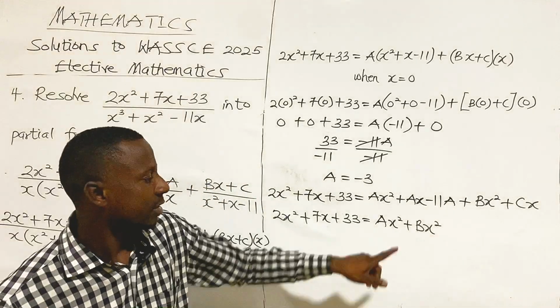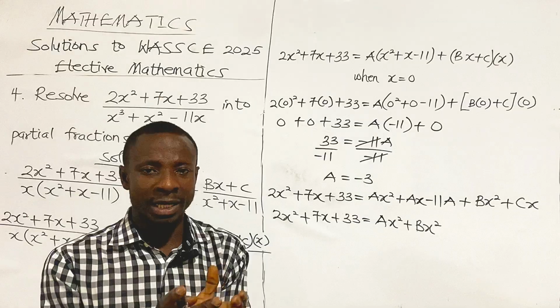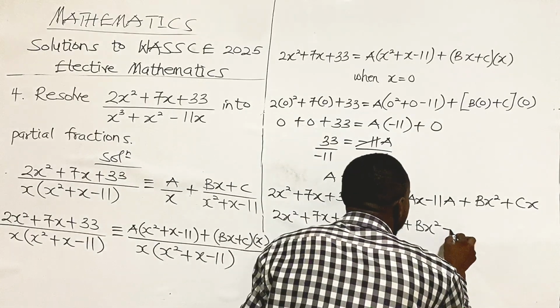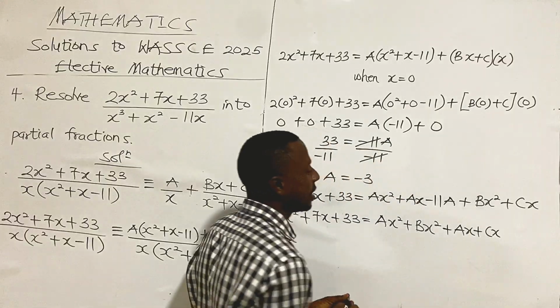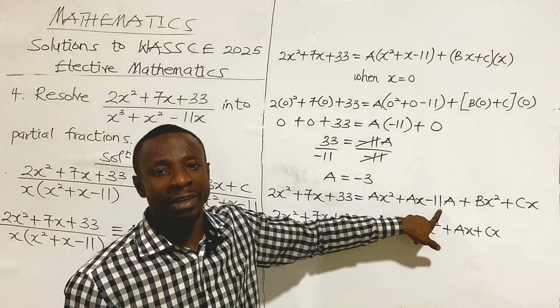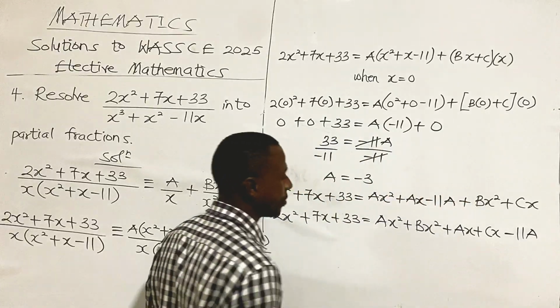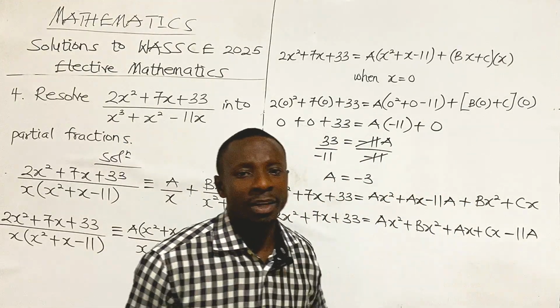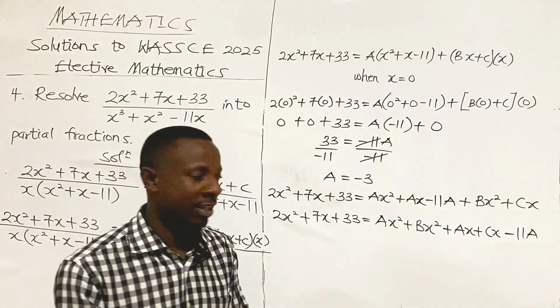And again, we have ax, cx. They will also be grouped at one side. So plus ax plus cx. Then we have minus 11a from here. So minus 11a. When we get here, we have to sort them.